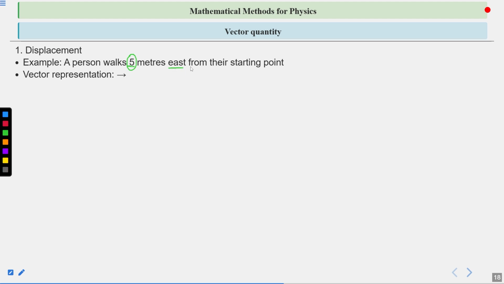So it consists of both. Magnitude is 5, direction is east. That's why we call displacement a vector quantity. And the representation is by arrow. Magnitude is 5 meters and direction is east. I hope this is clear.